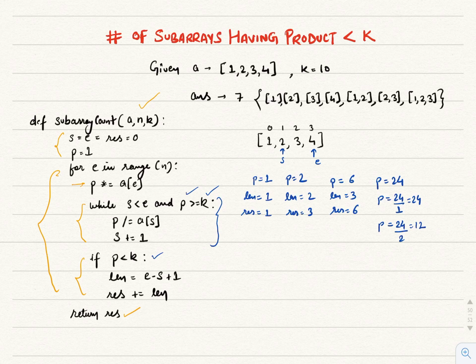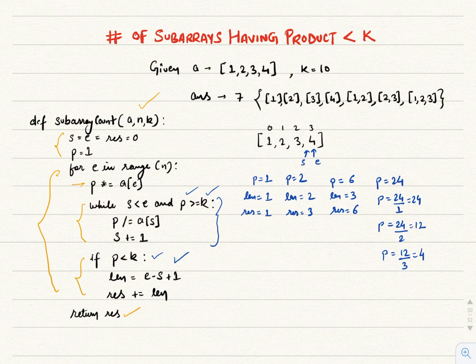Now again p is greater than k, so it will remain in the same while condition. Start will also get incremented towards index 2. Now p will become 12 divided by A of S, which is 3, so this will become 4, and start will also increment and go to index 3. So now it will come out of the loop as p is 4, which is less than k.